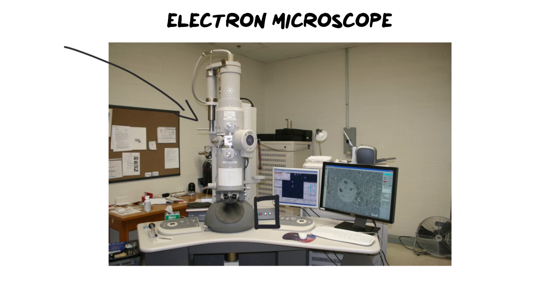You can look through the eyepiece over here if you really want to, but most people just look at the computer screen, which is where the image is formed. Generally we don't have these in school settings. These are more in university, because they're more complicated and require a lot more skill to use.